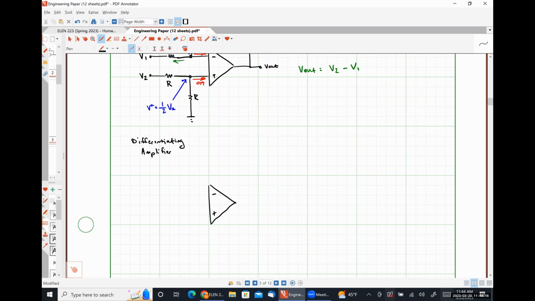So we have our simple op amp like so. We are going to tie our non-inverting input terminal to ground. For this particular circuit, we are going to have a resistor in our feedback loop.